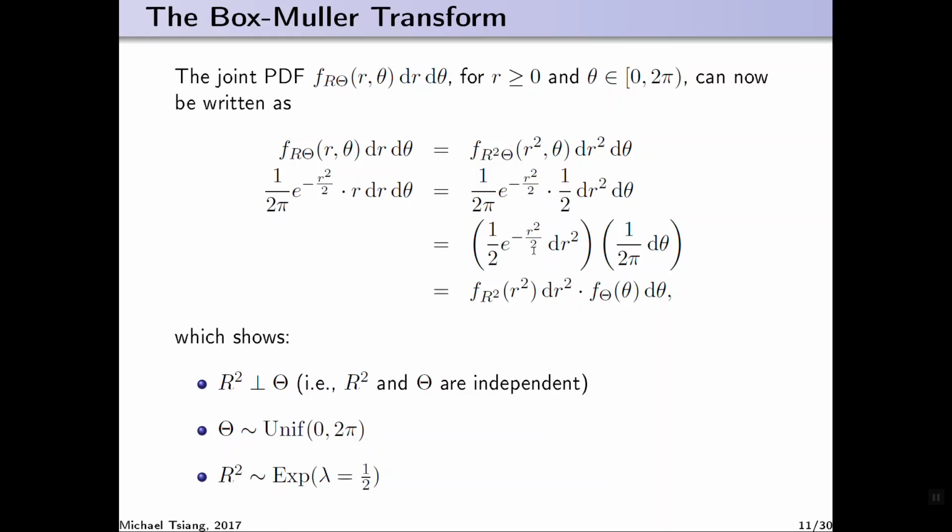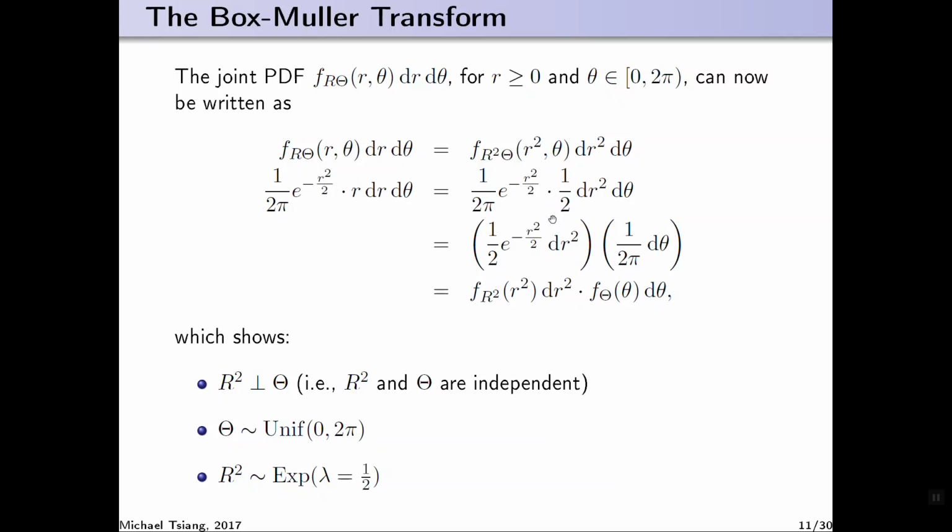Is this okay? So by doing a change of variables, we have successfully gone from x and y, which are coming from standard normal, to r squared and theta, which are coming from distributions that are easy for us to generate random values from. It's easy to get random values of theta from the uniform, and it's easy to get values from the exponential distribution by using inverse CDF.